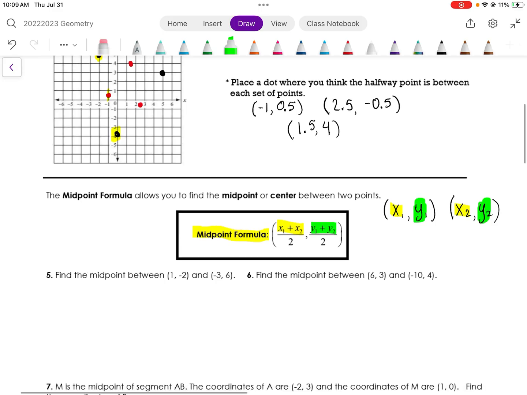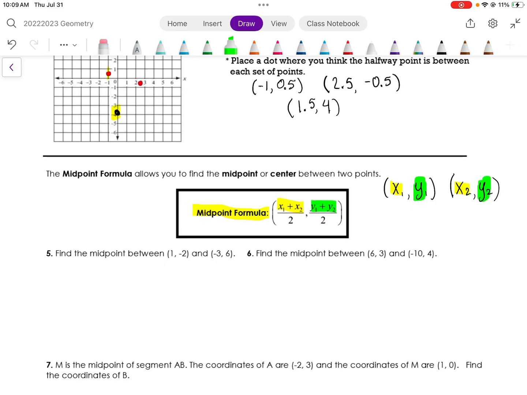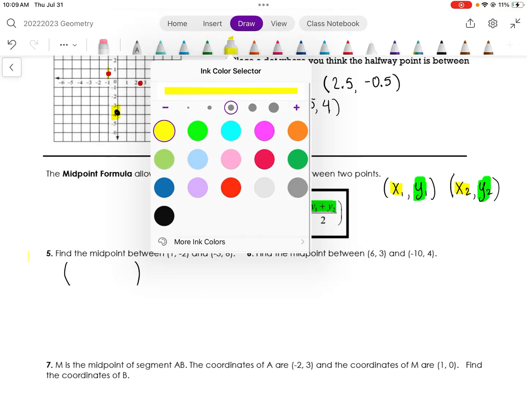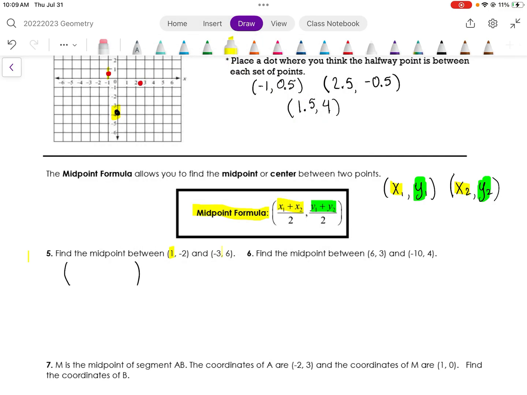So let's try that. Number 5, ignore the numbering. This is really number 1 for us. If I want to find the midpoint between 1, -2 and -3, 6, first we are going to take our 2 x values. I'm going to use yellow again, which are 1 and -3.